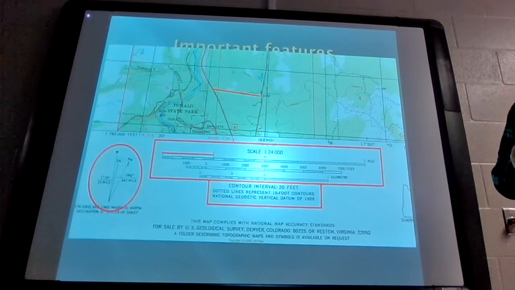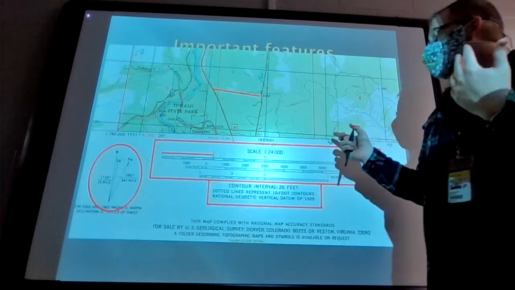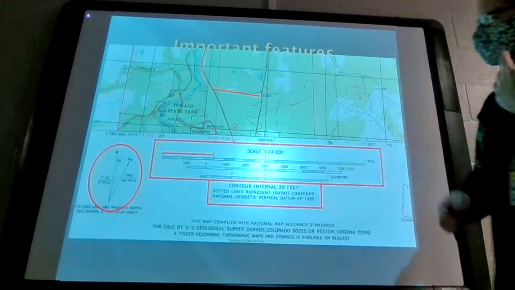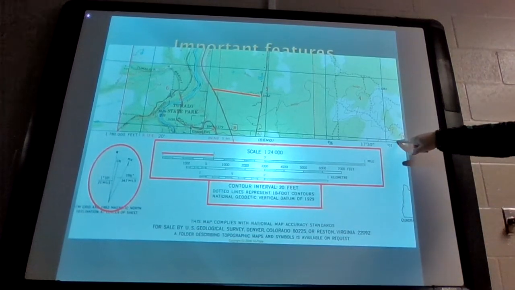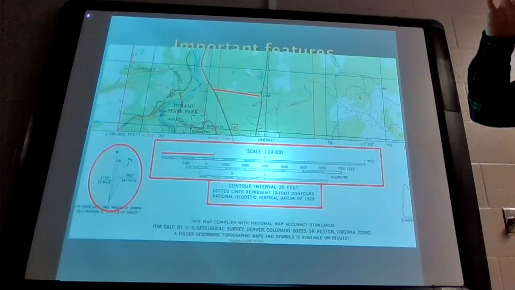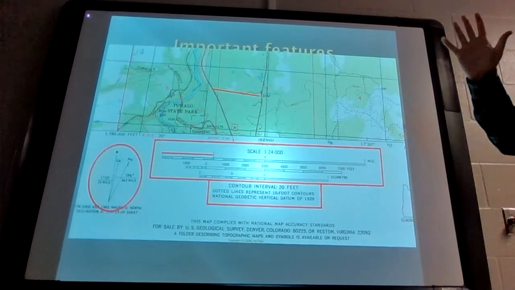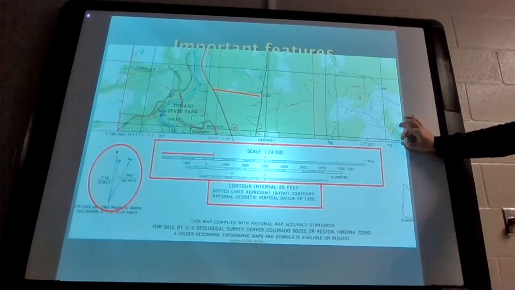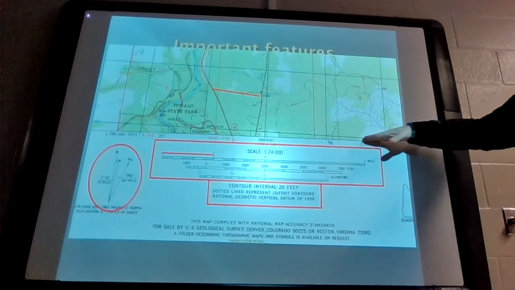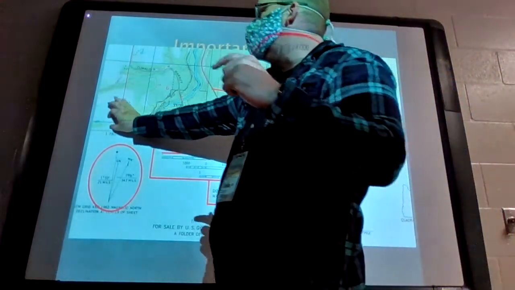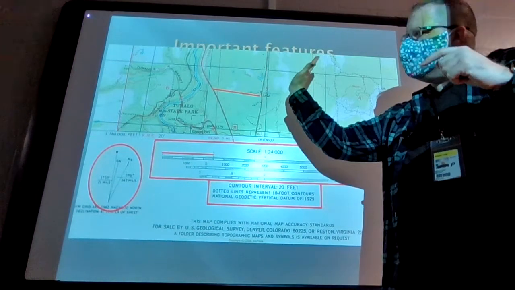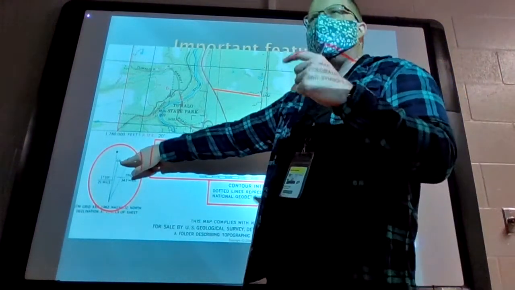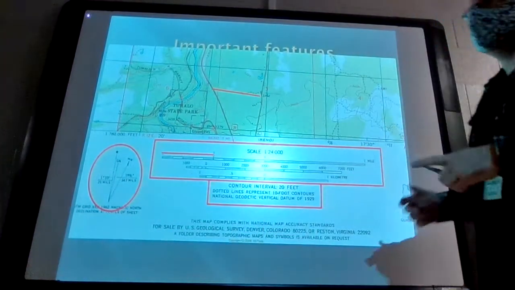I guess what they're trying to say is the squares on this map are not parallel to the map itself. You start with a small space over here, and then as it gets over here, that space gets bigger and bigger. So these north grid lines are slightly tilted to the right, like you see here in the north section. So yeah, it's your grid lines.